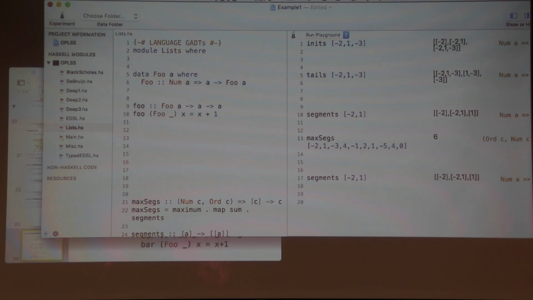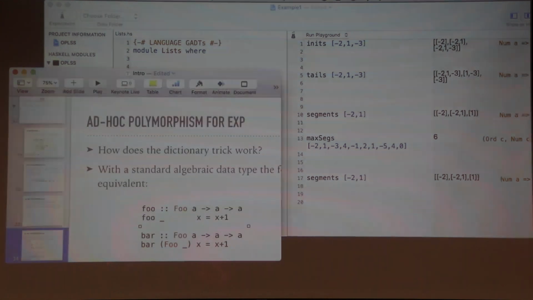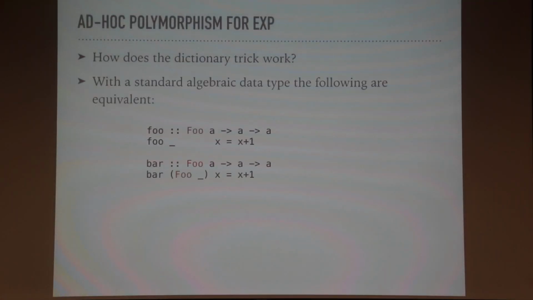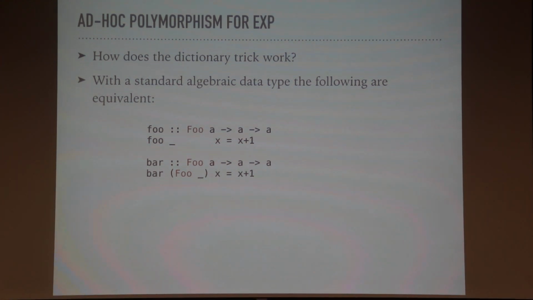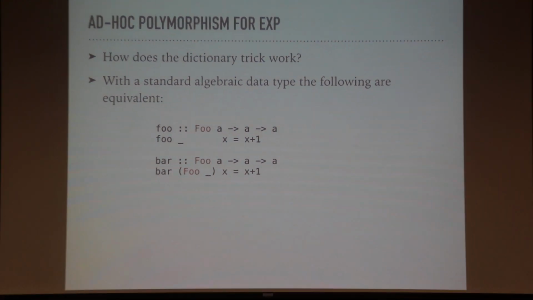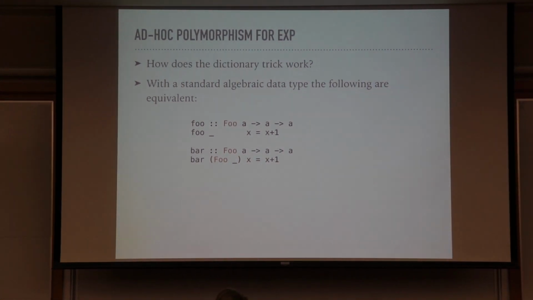It knows that this Foo is created with the data constructor Foo, which has this Num A restriction, so it can plug in the right dictionary. And we use that trick a lot to insert the dictionaries into our expression trees in the compilation of Accelerate.